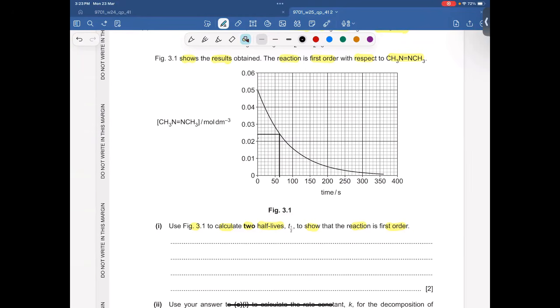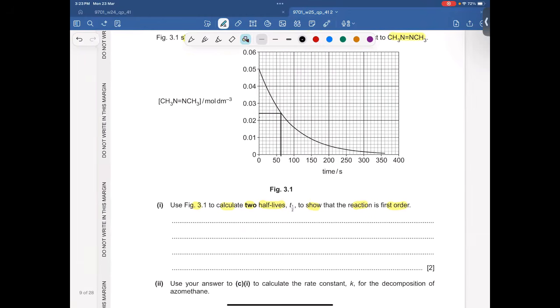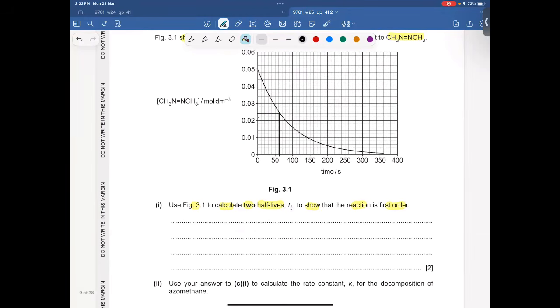Okay. So roughly it is 60, 62. So from here to here, I believe it's roughly 60 seconds. And from 0.025 divided by 2, 0.0125.